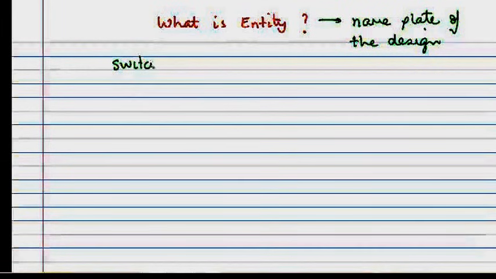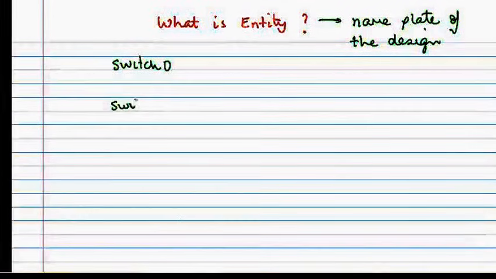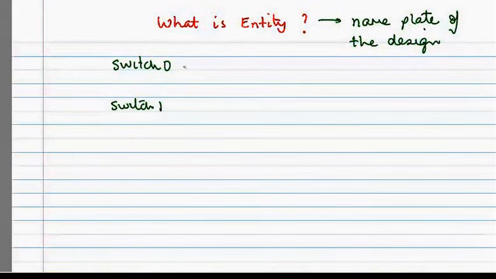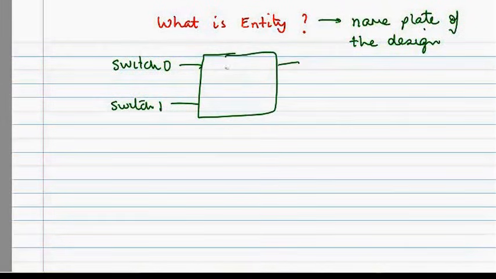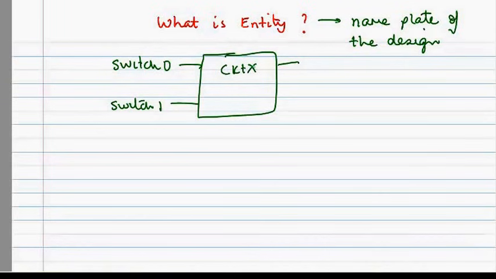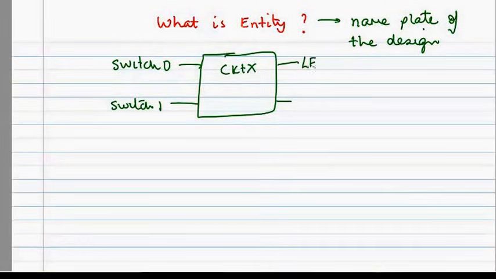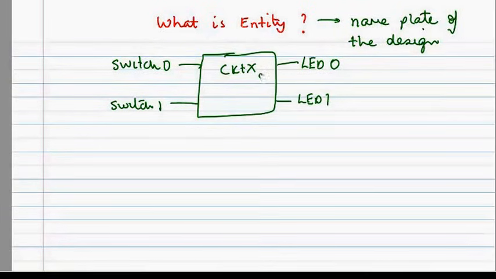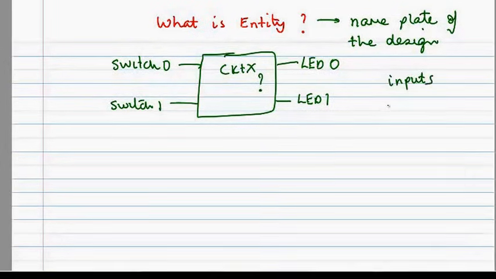Let's call them switch 0 and switch 1, and let's call this circuit X. The output of the circuit is connected to 2 LEDs or light emitting diodes, say LED 0 and LED 1. I'm still to define what happens inside here, but I know what my inputs and outputs are.